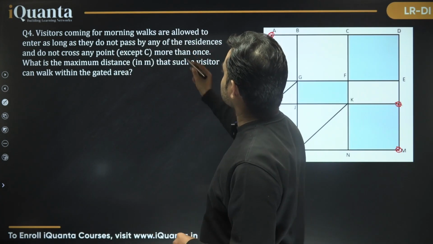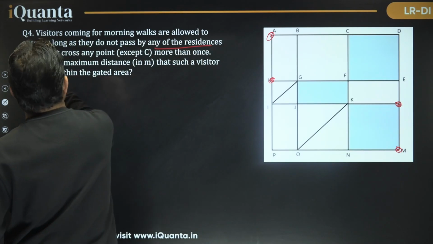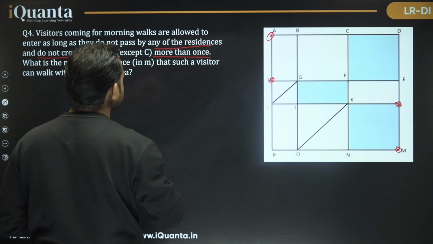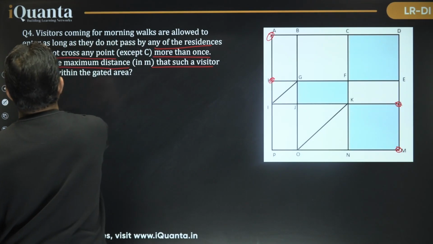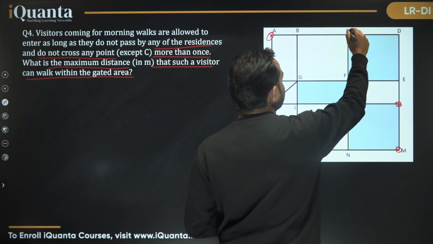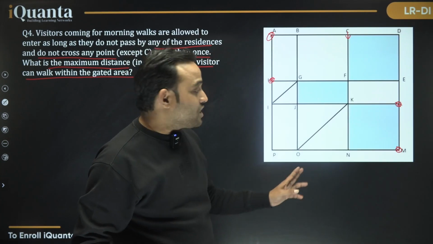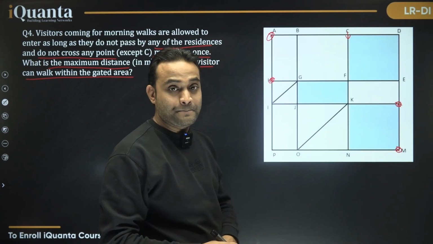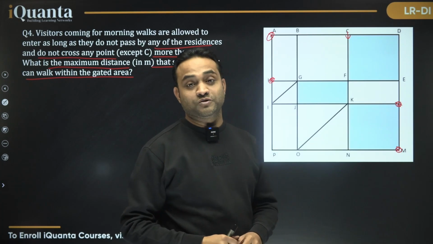Now it says, do not pass by any of the residences and do not cross any points except C more than once. What is the maximum distance that such a visitor can walk within the gated area? So someone is entering with C, exiting with C. They should not go to point L or M or H or A. What will be the maximum distance covered by those persons?